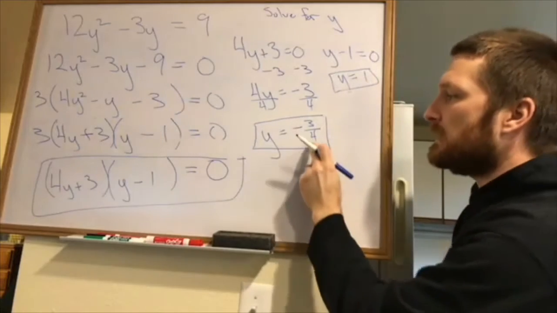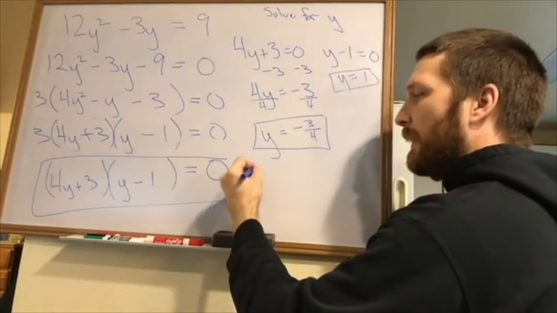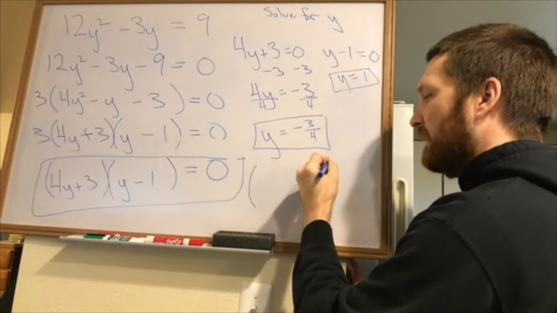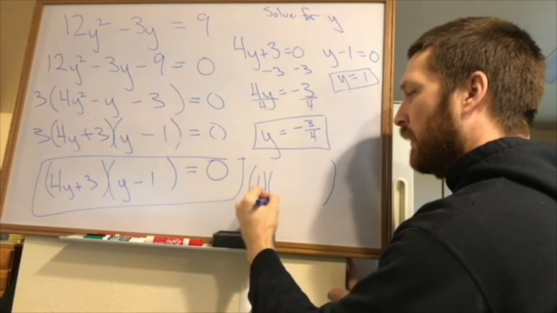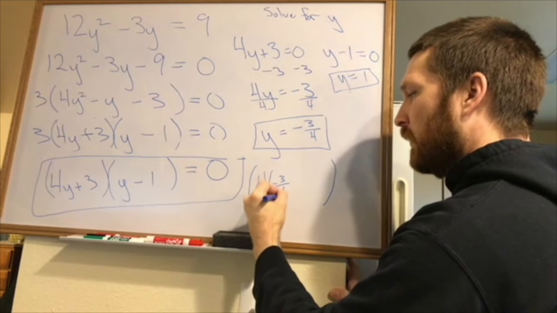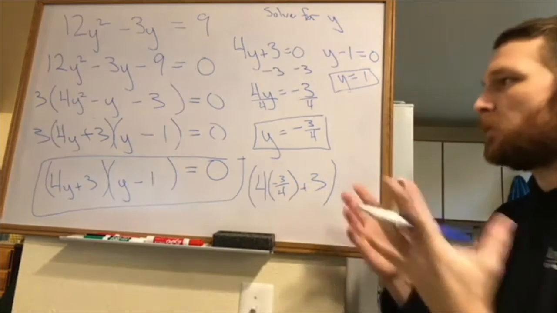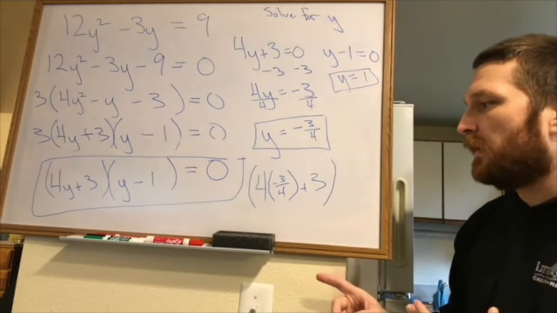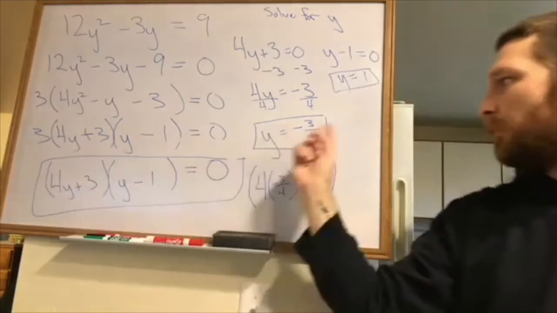Another thing I could see is that if I plugged in a -3/4 into here, and what my brain does is it just kind of imagines this. It says, okay, there's a 4, there's a -3/4, and it's a +3. So as I'm doing this and I get this as an answer, my brain just says, well, what would that look like if that y were replaced with this?